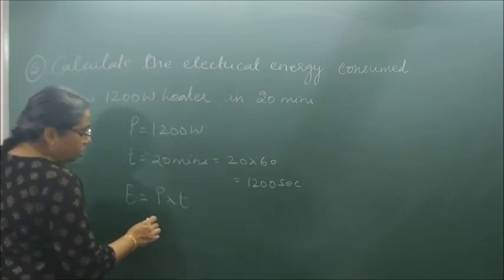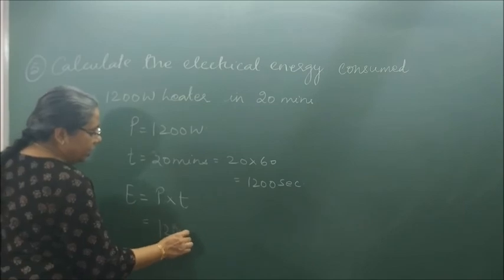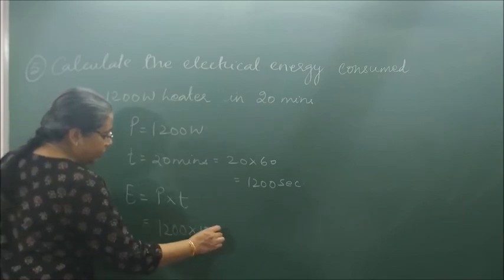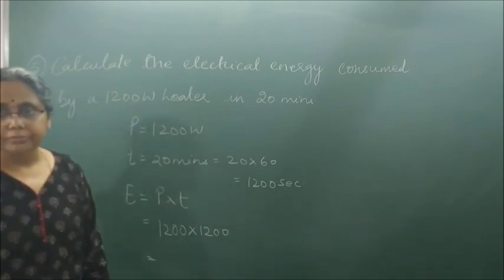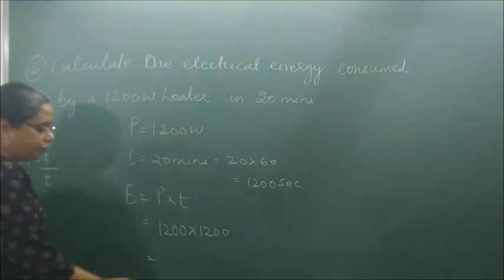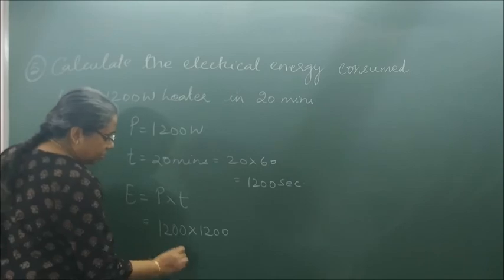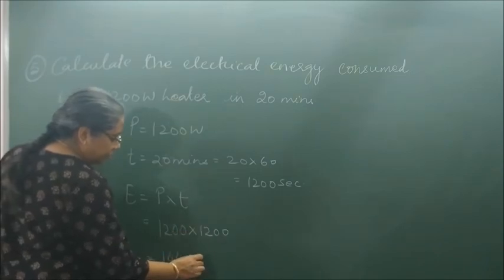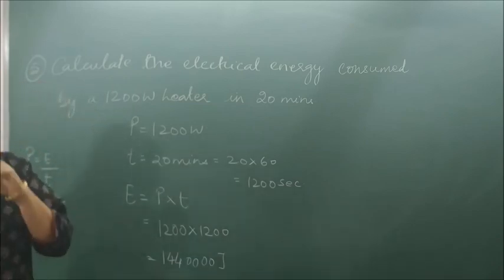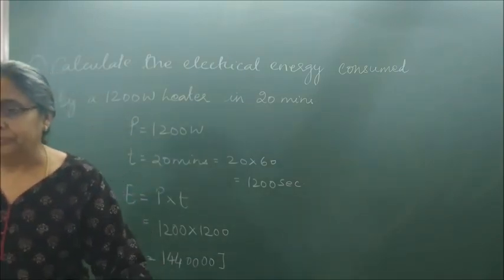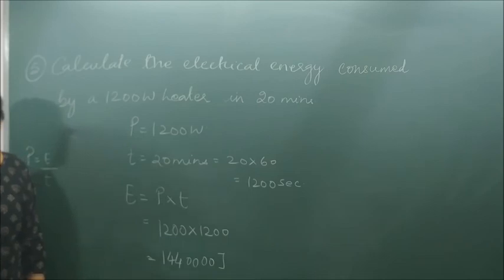P into T. So 1200 into 1200. How much? 12 into 12? 144. Then add 1, 2, 3, 4 zeros. Joules. Done.